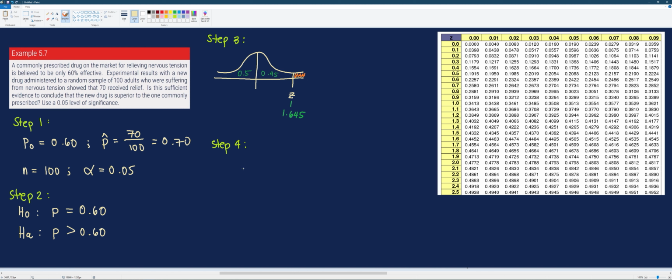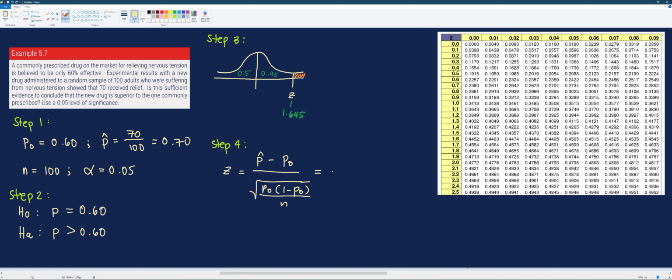Step 4 is to compute the calculated z using the formula z is equal to p hat minus p sub 0, over the square root of p sub 0 times 1 minus p sub 0, all over n.